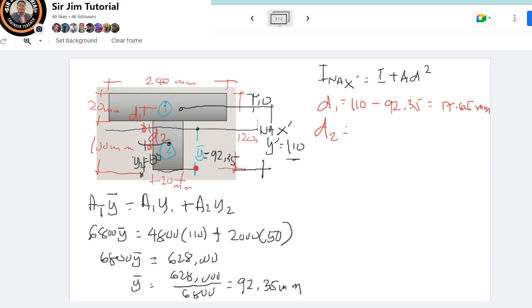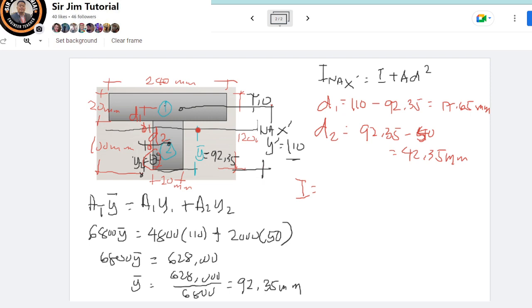See, this y bar is 92.35, you subtract 50, and that will give you d2. Okay, this is 50. So d2 is 42.35 millimeters. Okay, so now transferring it, we can compute.